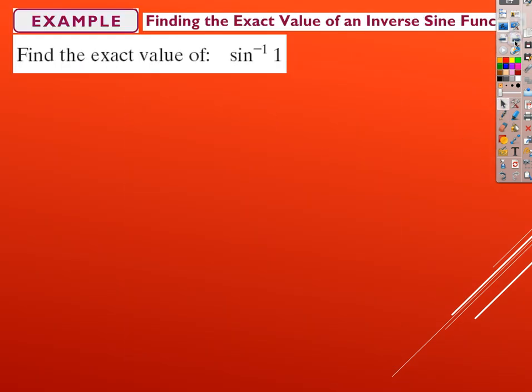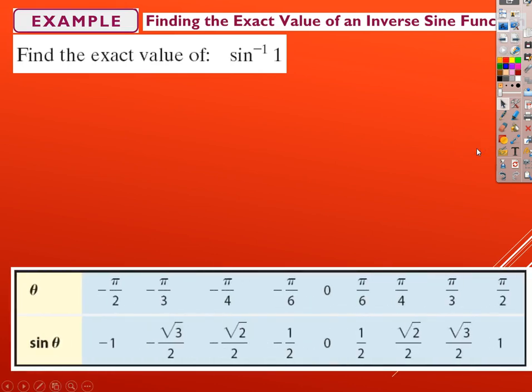Well, it says, find the exact values of sine inverse of 1. So what I have down below is a table of theta and sine. Notice it's not sine inverse. Well, great, what does that mean? With the sine function, it took a degree measure or a radian measure and output a ratio.